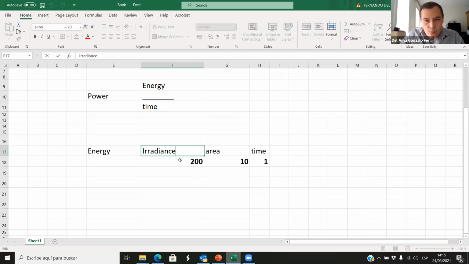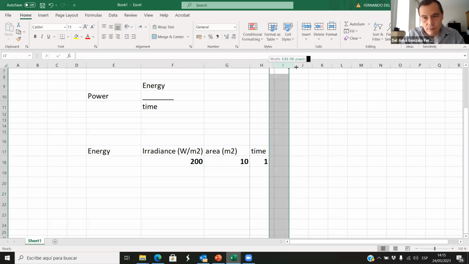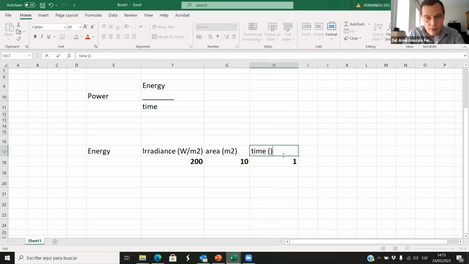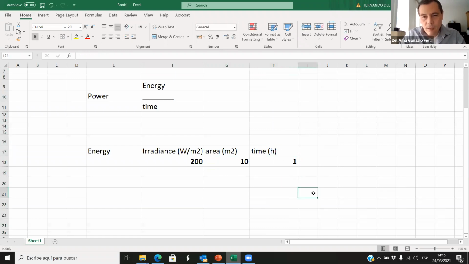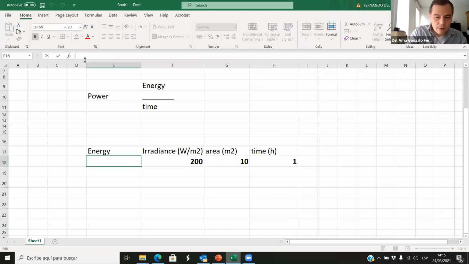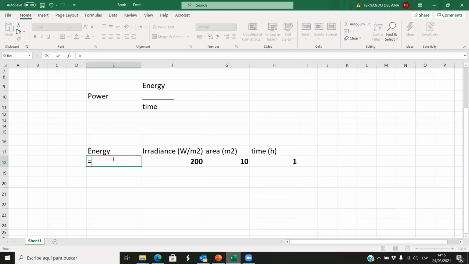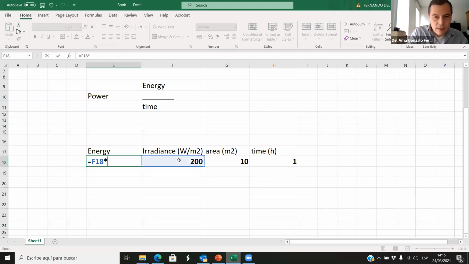And if we're working with watts per square meter, the area would be square meters, time. Thank God the time is always hours. Hour. So what is the energy? The energy equals this times this times this.